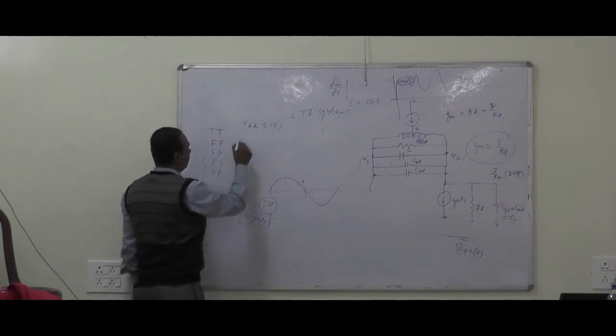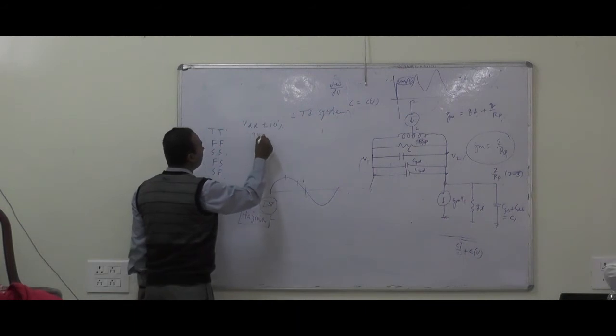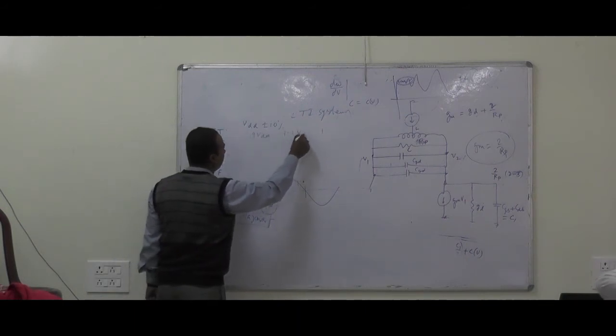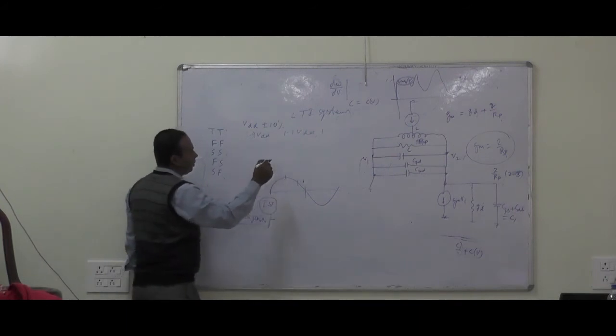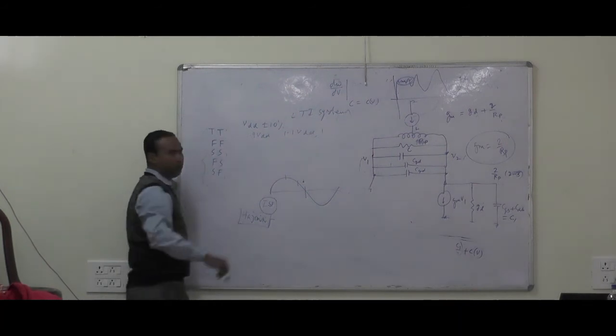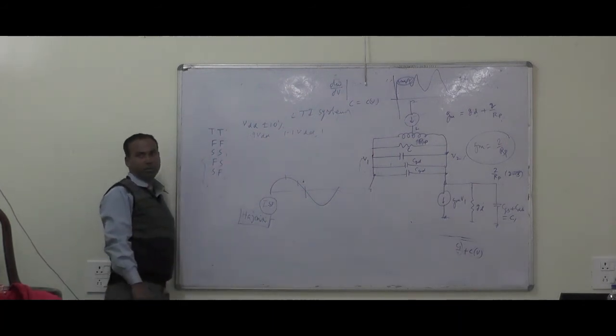So it is 0.9 VDD to 1.1 VDD, correct? For the 65 nm process with 1.2 V, it is 1.32 to 1.08.